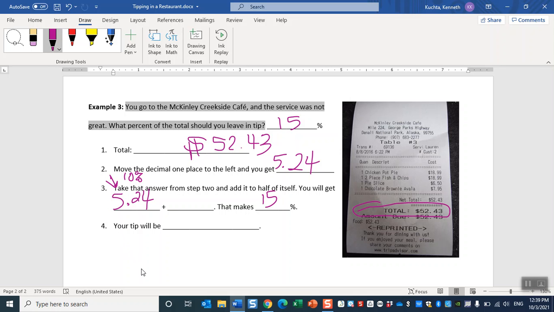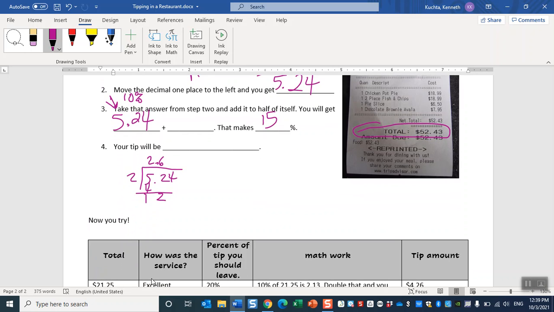So 524 divided by 2. Okay, 2 goes into 5 2 times. 2 times 2 is 4. 5 minus 4 is 1. Carry down your 2. 2 goes into 12 6 times. 6 times 2 is 12.